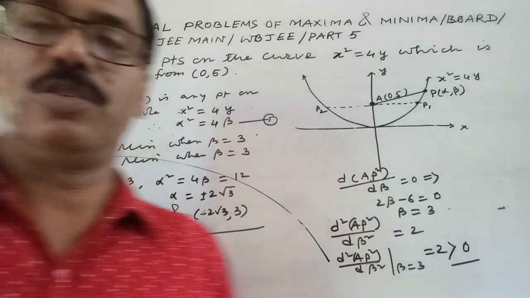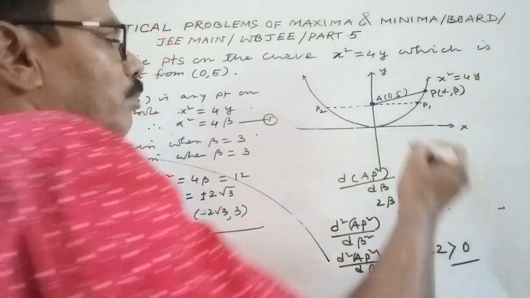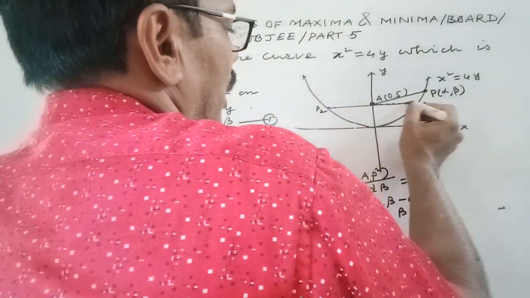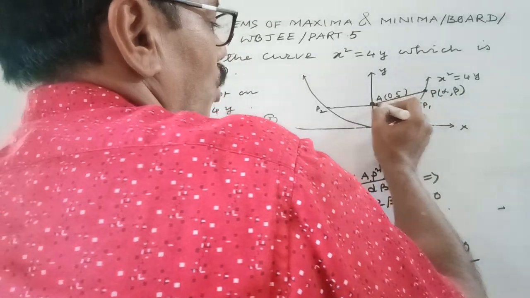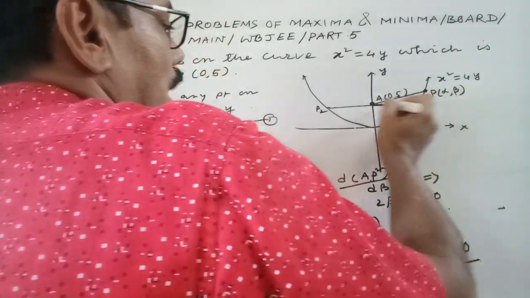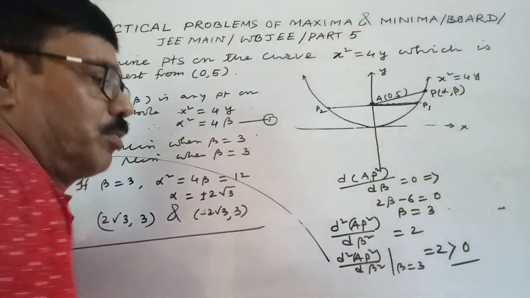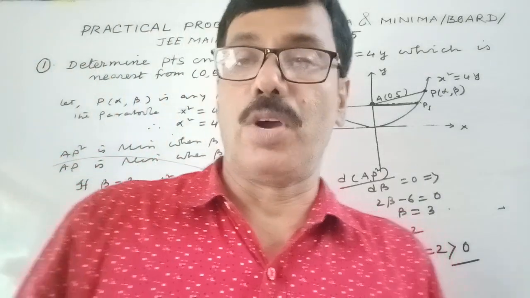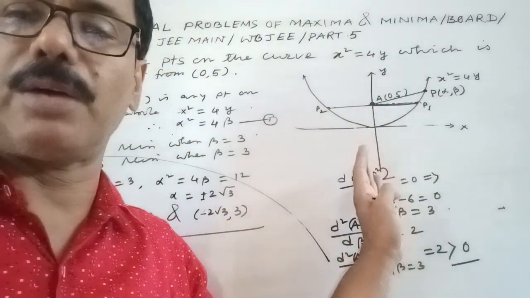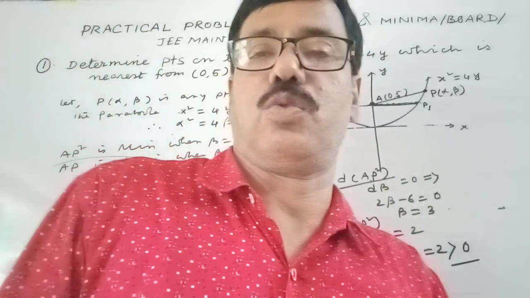So we are getting 2 points. From the graph it is also clear that you get one point P1 and another point P2. Remember, if the point is on the axis of the parabola, you must get 2 points.